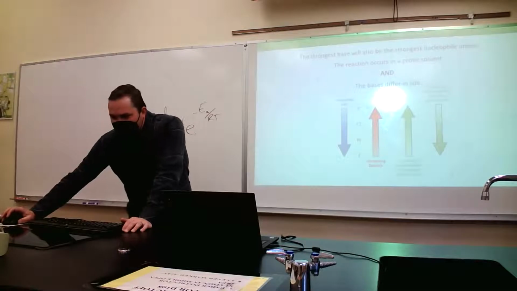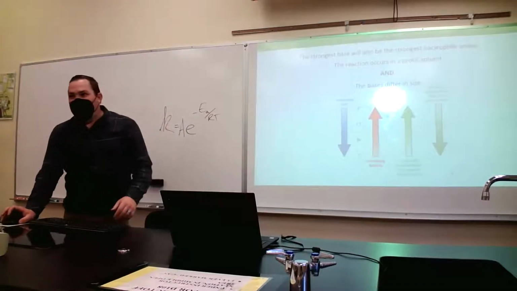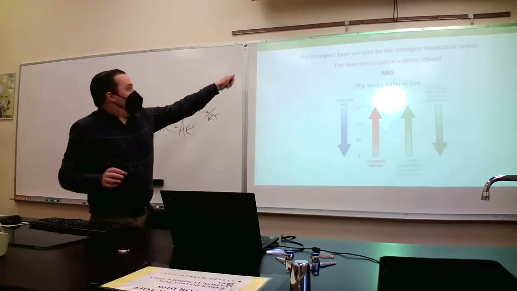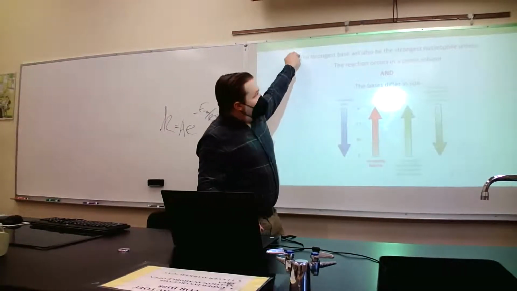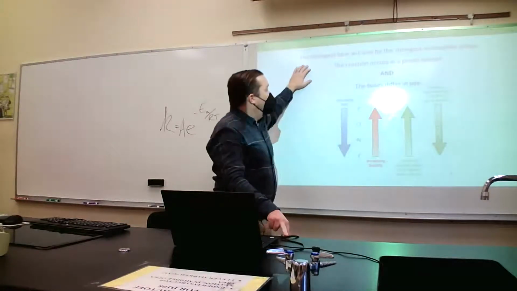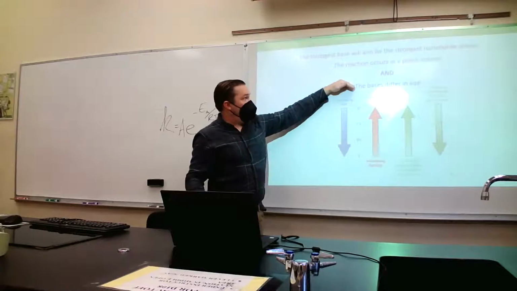All right, so this is sort of a complicated graph, but it's a good summary. The strongest base will also be the strongest nucleophile unless both of these are true.